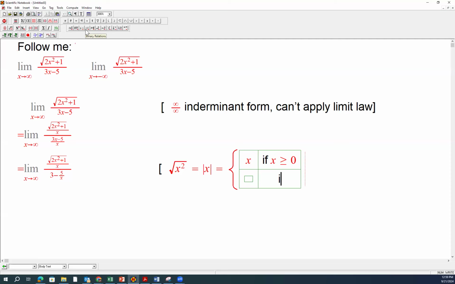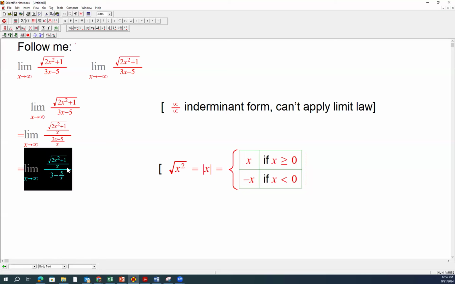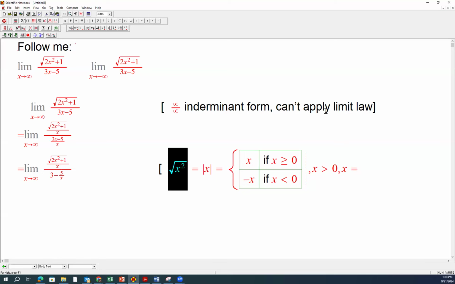If x is negative, then it's equal to the opposite of x. In our situation, when x is approaching infinity, we can assume x is positive. Then x is the same as the square root of x squared. So this is what happens in our current situation.